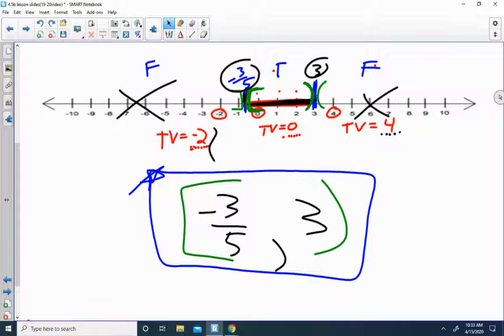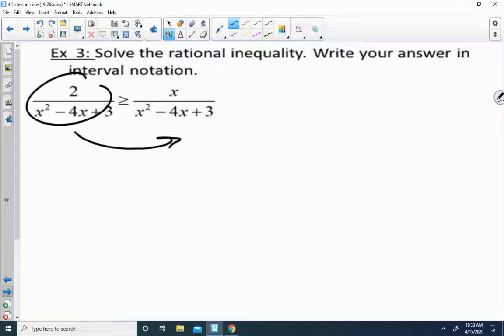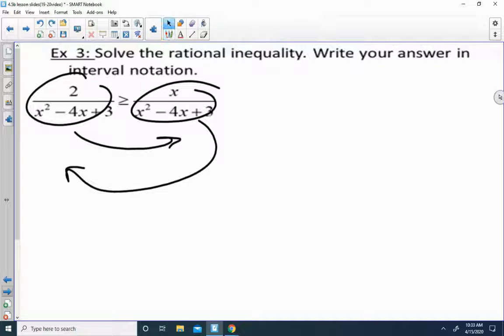The next couple examples that we're going to look at, it's going to involve a little bit of factoring. You'll see why in a moment. All right, so for this one, again, we got two rational expressions, and we're only supposed to have one. I can either move this over to the left or to the right, or move this one over to the left.